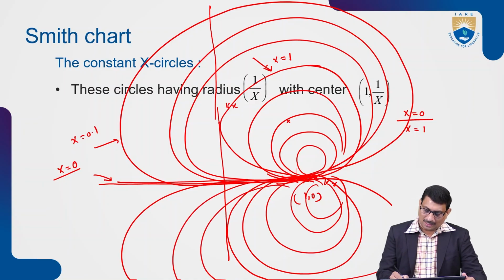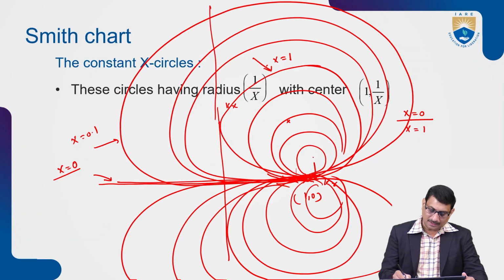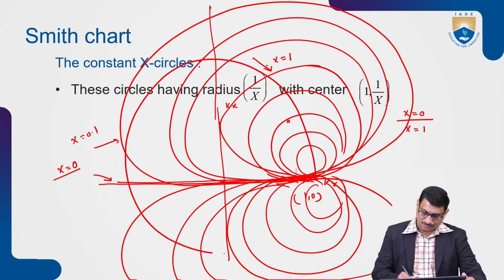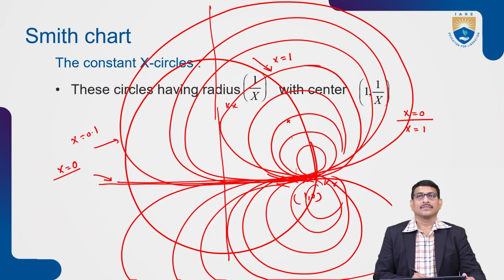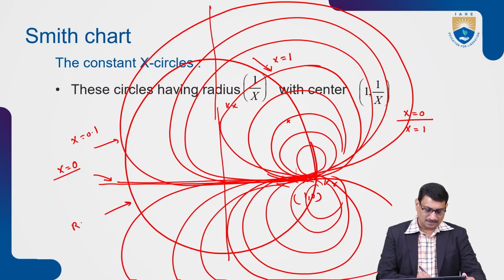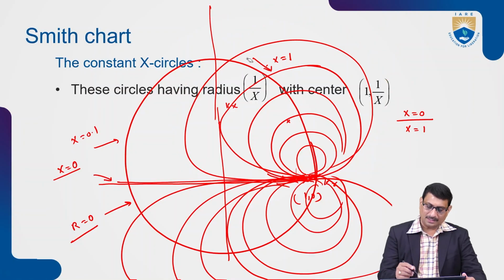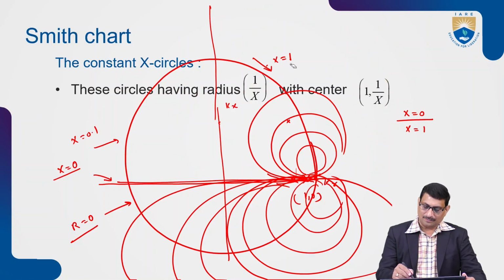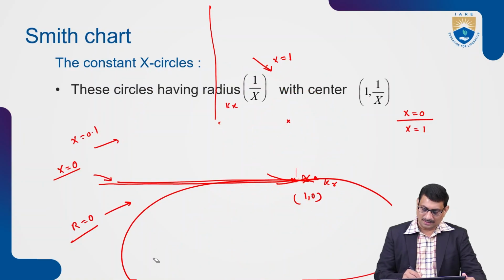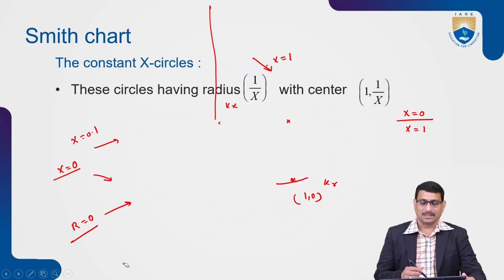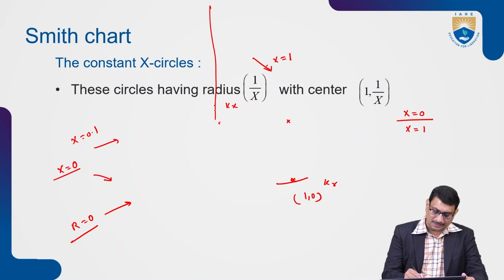If I draw the R circles from here, R equal to this one is called the 0 circle. Drawing all these things here is very difficult, so instead I'll write them together like this.